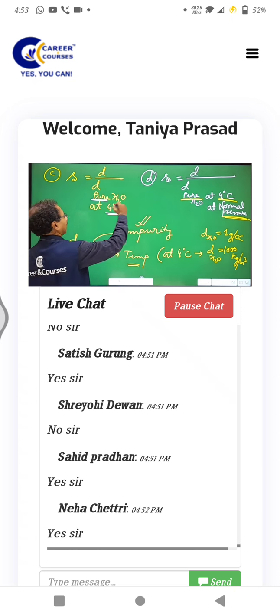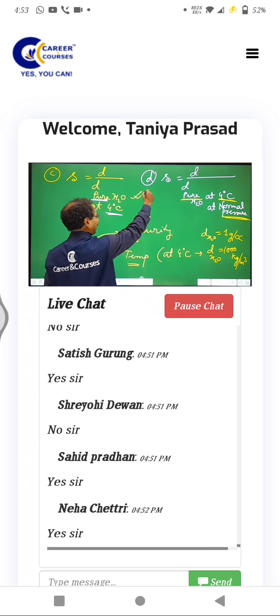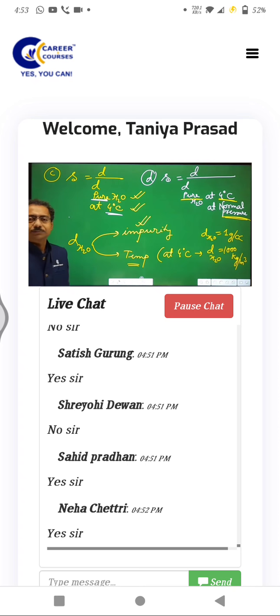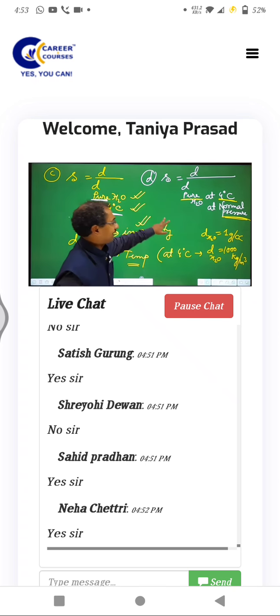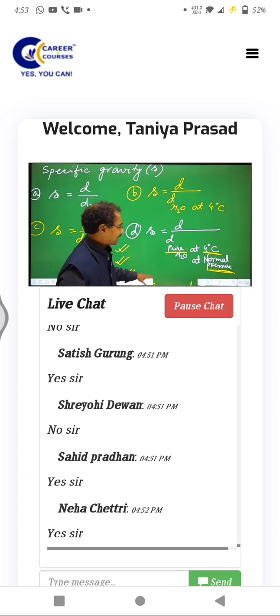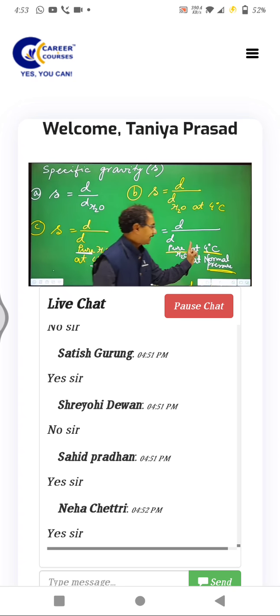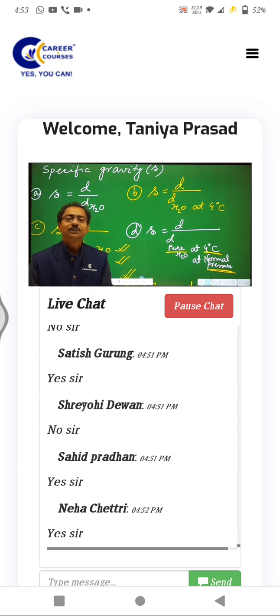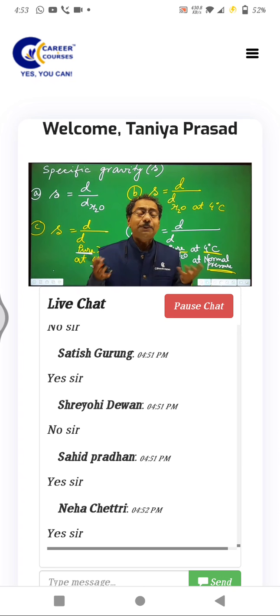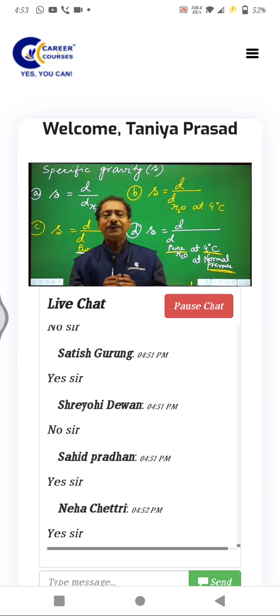It depends only upon whether it is pure water or not, and at what temperature the water is taken. That means in option D, an unnecessary point was incorporated. This point has no effect over the density of water. In your best correct option, there should not be any unnecessary irrelevant points.